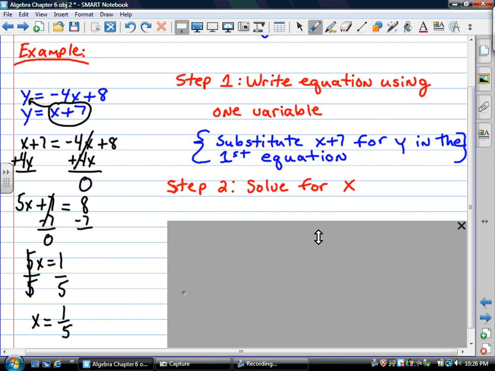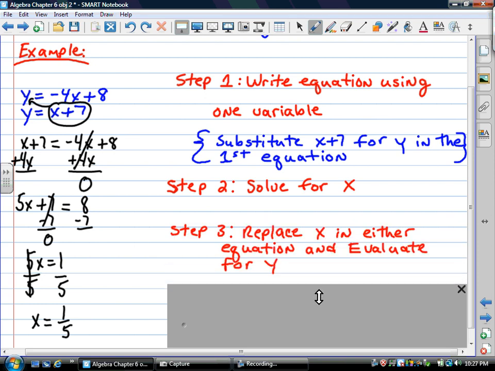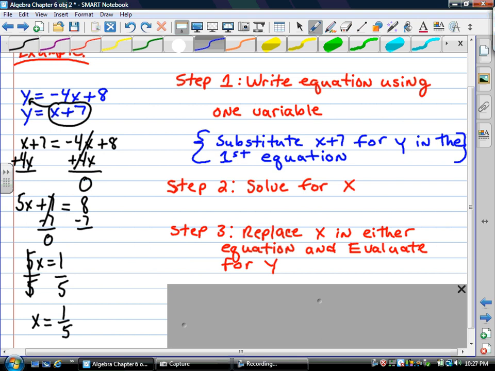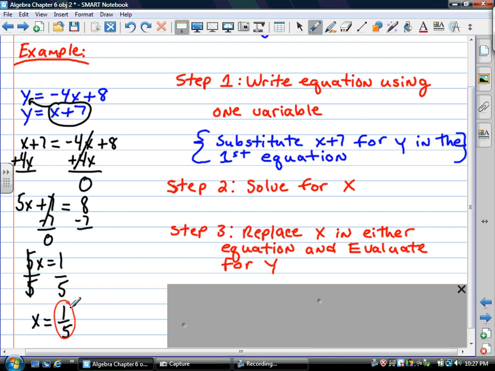When I continue, step number 3 says to replace x in either equation and evaluate for y. Well, let me change colors here so this stands out a little bit. I'll use red. If x is the same as 1/5, I can once again use substitution in one of these equations to solve the equation for y.